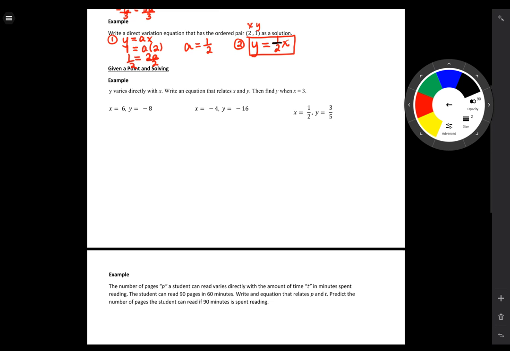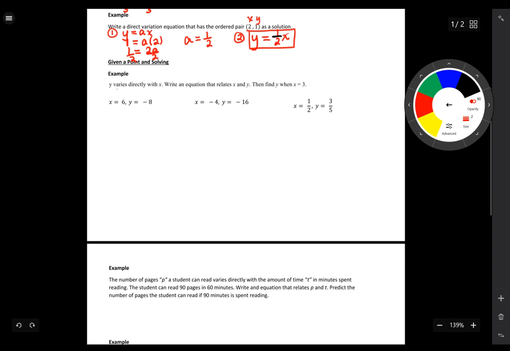Okay, given a point and solving. So here we're given x and y individually, and you need to write your direct variation equation. It's basically the same as above, it's just not written as an ordered pair. So if x is 6, y equals -8, you can write it as an ordered pair because they are in order. You could totally do that, and then you just do the problem, just like we did above.